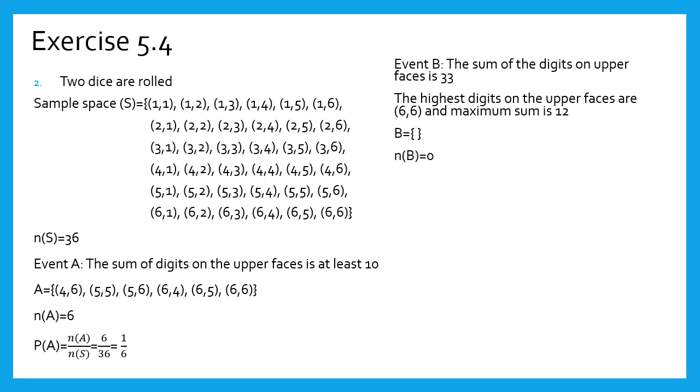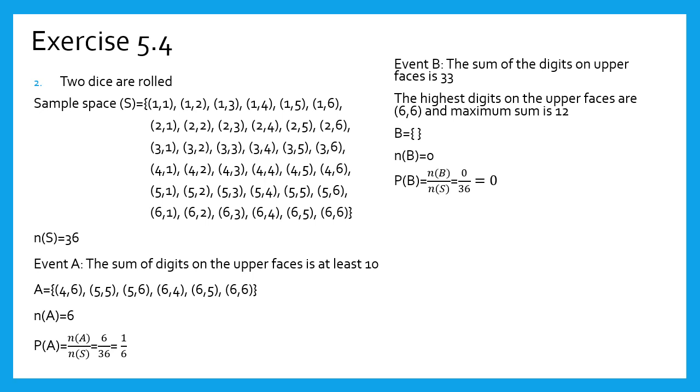Therefore, n(B) = 0. Write the formula to find the probability of event B. P(B) = n(B) / n(S). Substitute the values, 0/36, which is equal to 0.